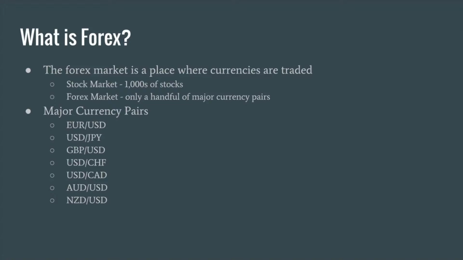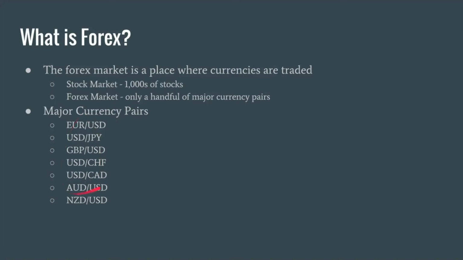Furthermore, of this universe, it becomes even smaller because most Forex traders focus on a handful of major currency pairs, including the euro dollar, the dollar yen, sterling dollar, dollar Swiss franc, dollar Canadian dollar, Australian dollar US dollar, New Zealand dollar US dollar.